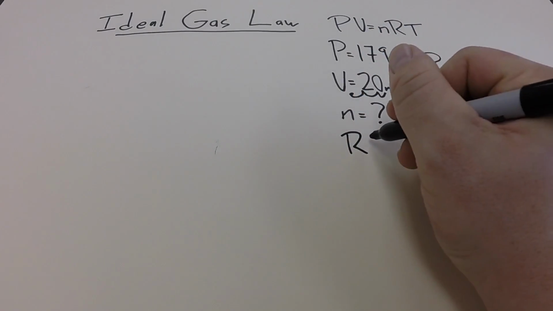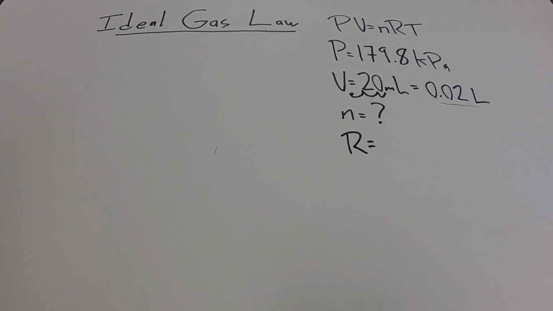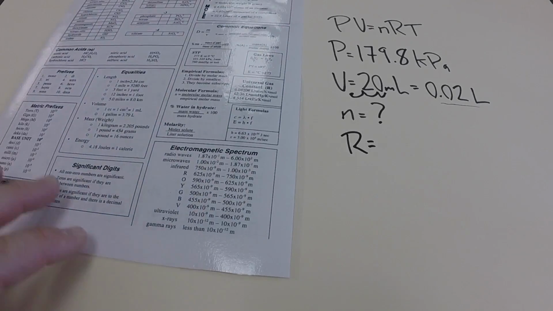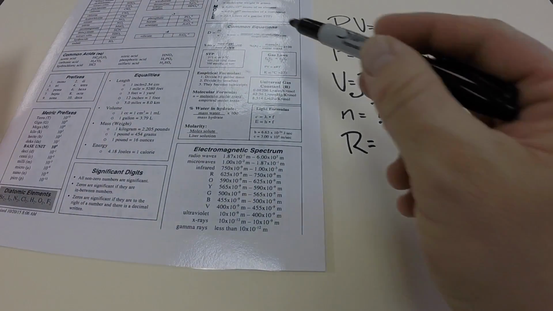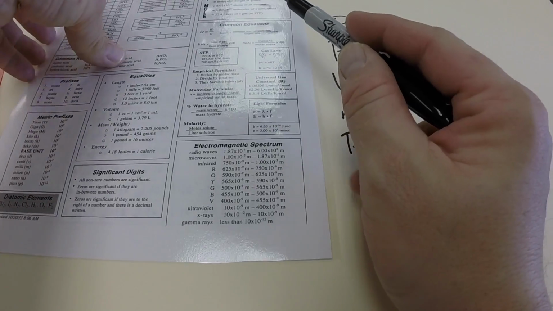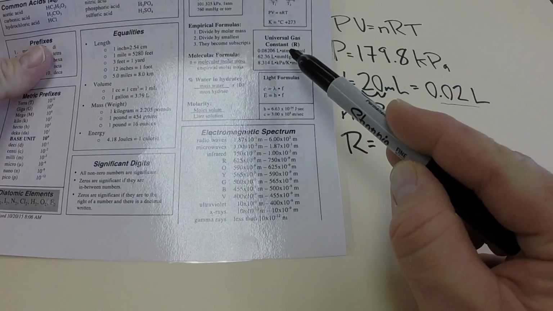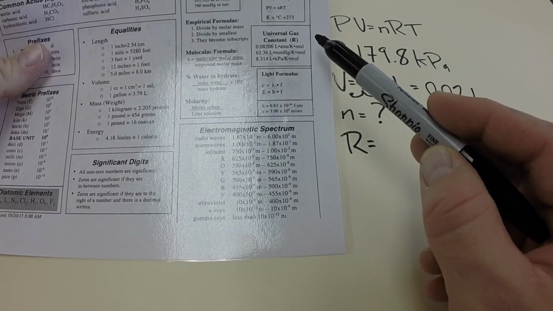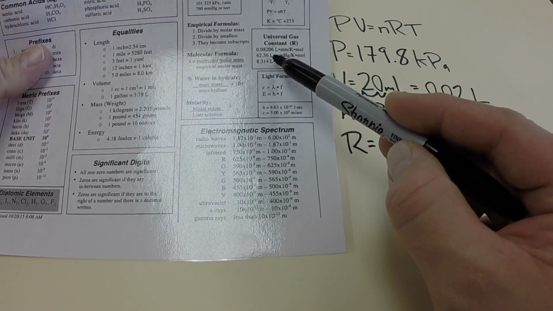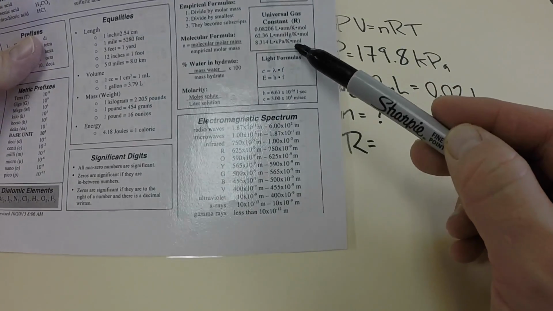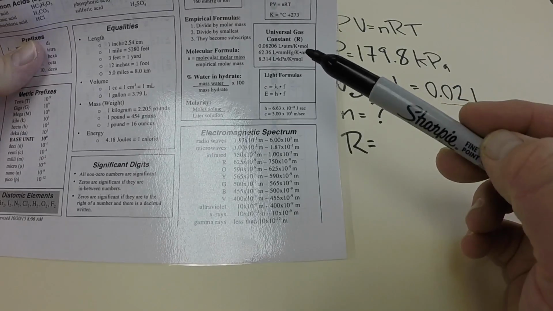R is coming from the periodic table. On the back of your periodic table, in the common equation box, you're going to see that one of the boxes is labeled universal gas constant. You're going to choose the R value that matches the pressure units in your problem.